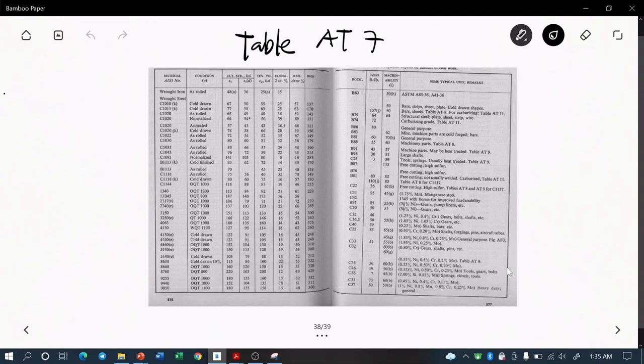Using these tables, we're going to look for steel which has a yield strength equal or greater than 24 KSI. And if we find values greater than 24 KSI, we're going to use the closest one. Alright, so here we have several candidates.